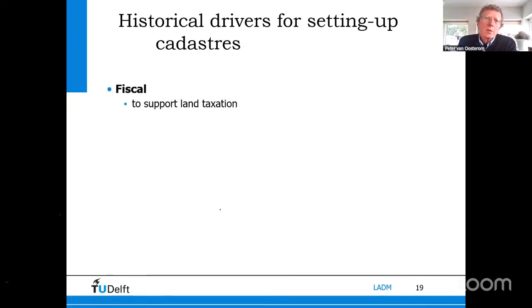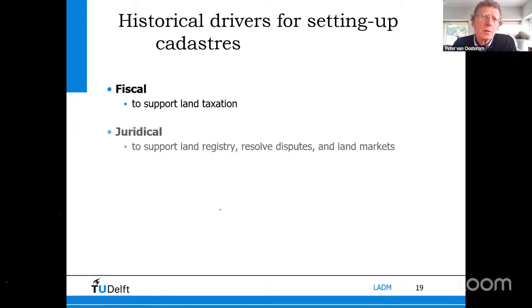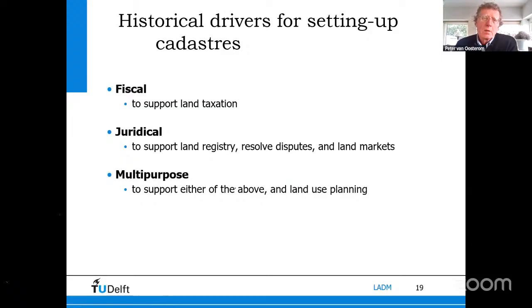Also, the reasons to set up land administrations differ per country. It could be the fiscal or tax reason. Could be the legal reason about ownership to avoid disputes, to support the land market. Could be multiple functions, so taxation, ownership, but also to support land use or land use planning. Then it's important what is the current use and who is owning it.